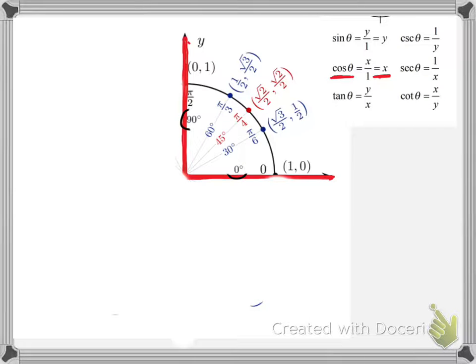Which one of those has a square root of 3 over 2? This dot right here definitely doesn't. This one over here has it. This one doesn't, this one does, and this one doesn't. So the only answers we possibly have are this angle right here and this angle right here.